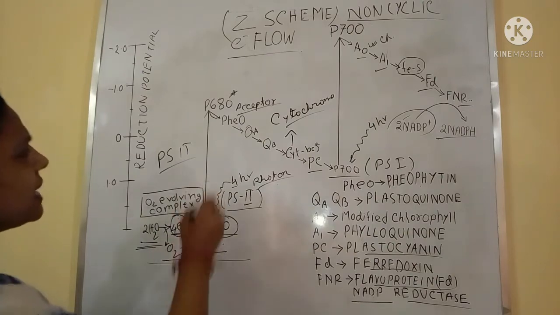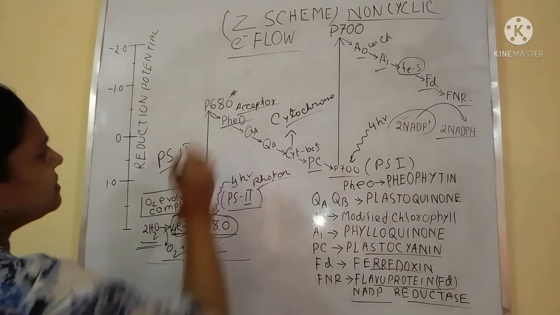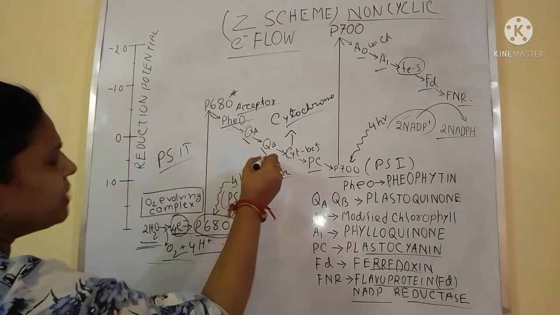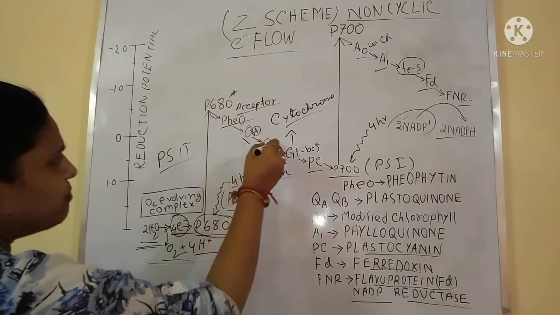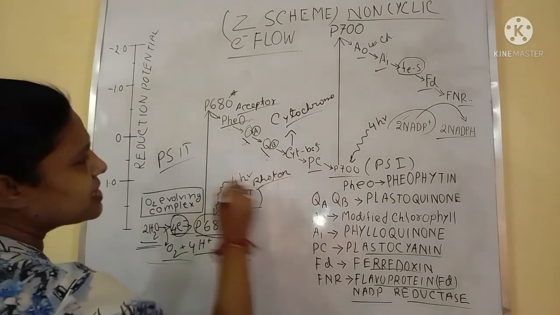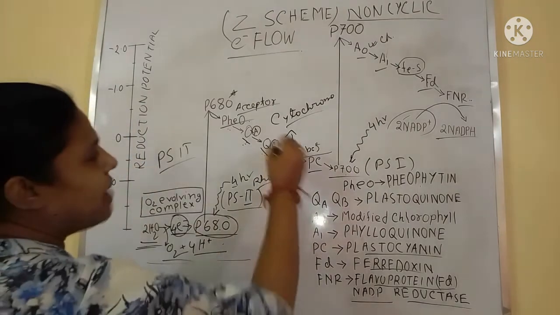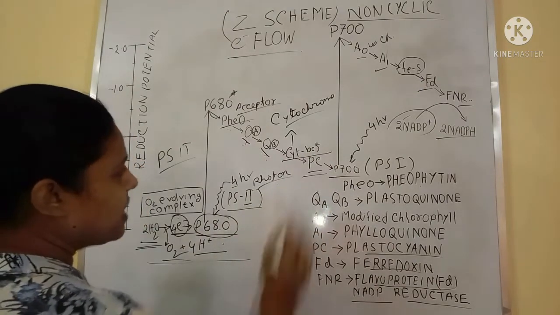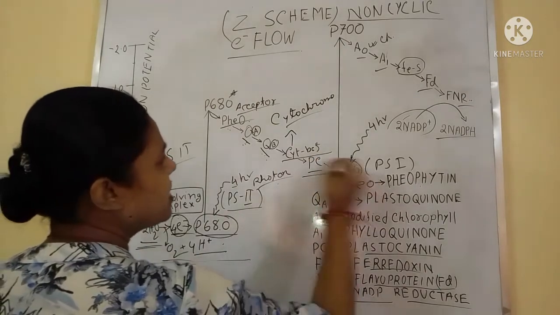This electron transfers into pheophytin, and from pheophytin to QA and QB, which are both plastoquinone, A and B being the two forms. From plastoquinone it transfers to cytochrome B6F. After that, this electron transfers to PC, plastocyanin, and from plastocyanin, ultimately, the electron transfers into P700.